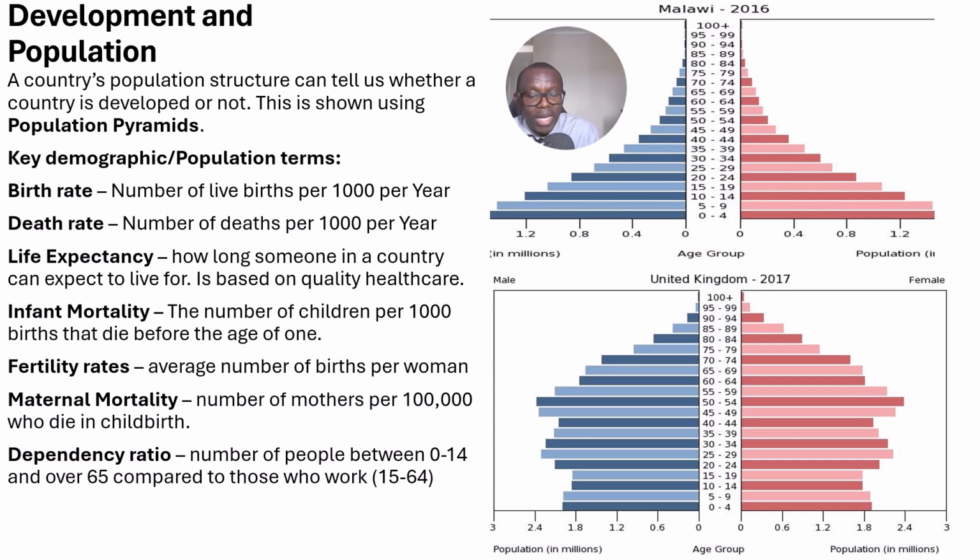So it means that it's the number of people that rely on the economically active or the working population. So they are dependents. So 0 to 14 obviously are people who are not yet at the age where they can work. So they are likely to be of school-going age, for example, and they rely on their parents, so they're dependents.